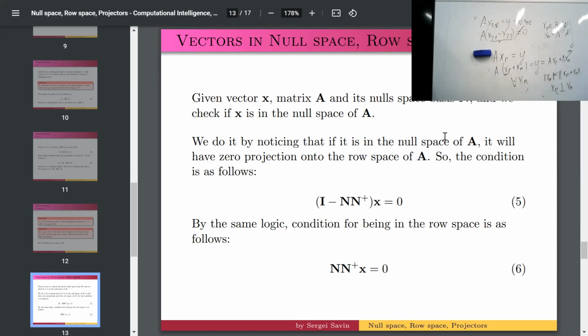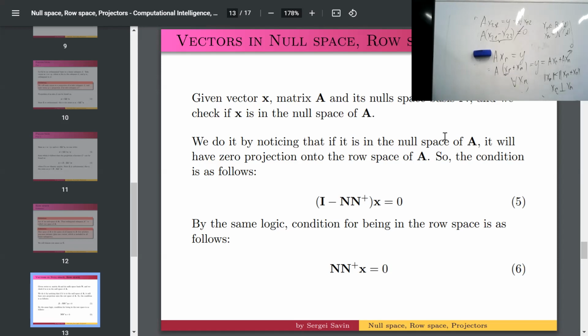How to check that the vector x is in the null space of A? Yeah, multiply x by A and see if it is 0. If A times x is 0, it is in the null space. So you don't have to go this elaborate.